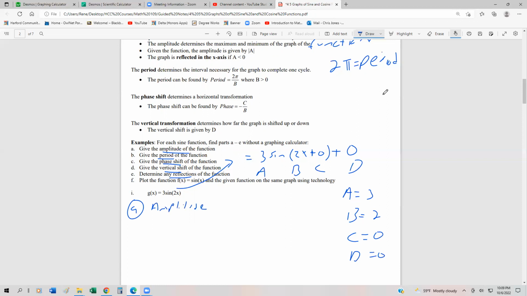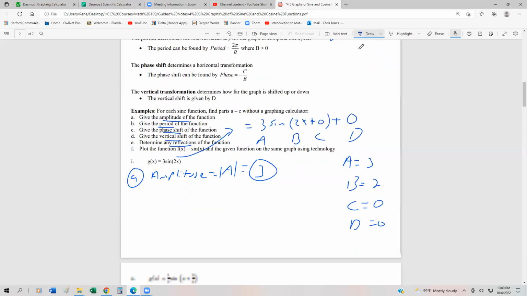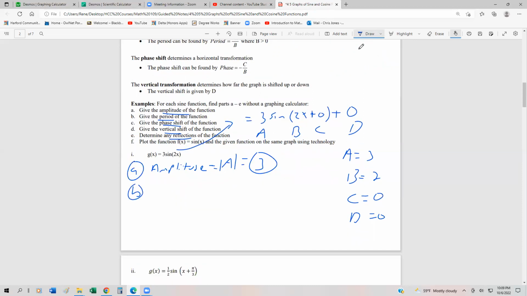Well, the amplitude is the absolute value of A, which is going to be 3 in this case. Basically, what that means is that the function is going to go all the way up to 3 and down to -3. We'll see that when we graph it. The period is pretty easy to find.